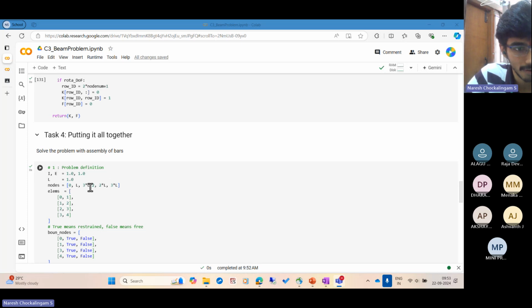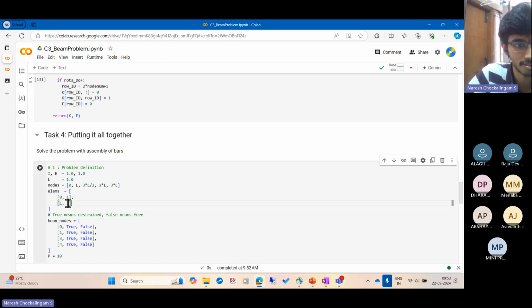Yeah. I can show it for a simply supported beam, but there's nothing to it. For simply supported, you just have 2 spans, loaded at the middle. So nodes are just 0, L, 2L. Let's just take it as 0, L, 2L.